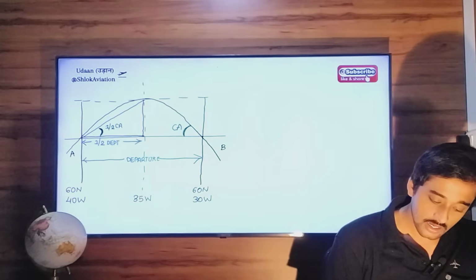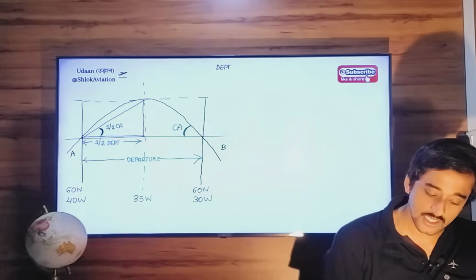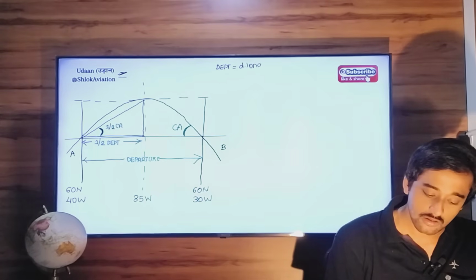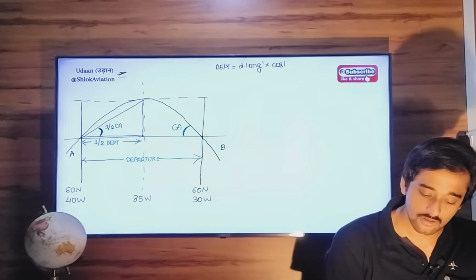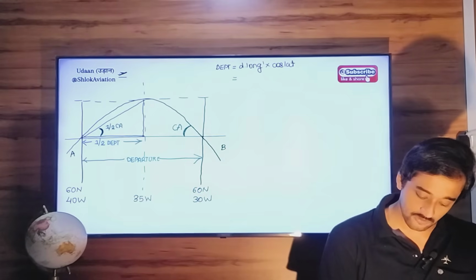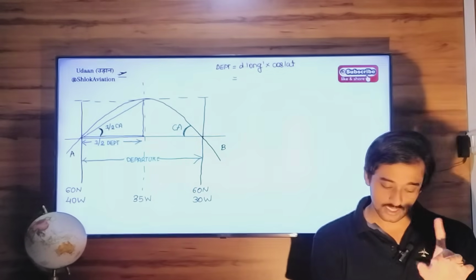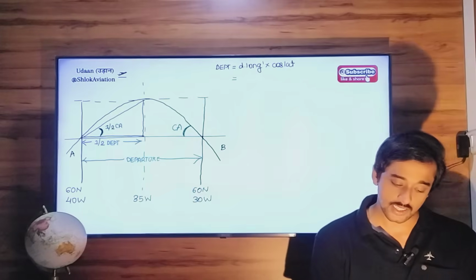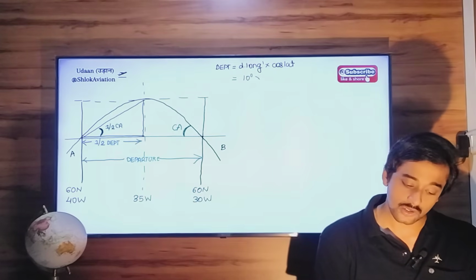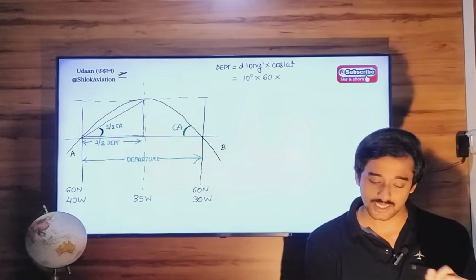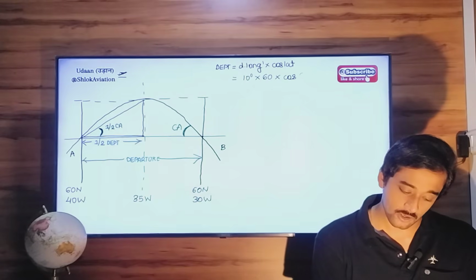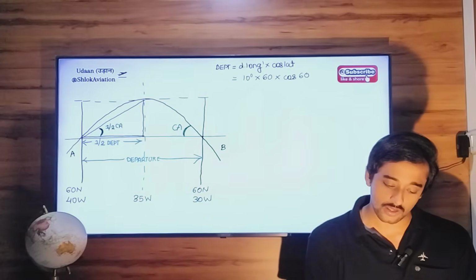So departure, your line distance is d long into cos of lat. So d long in terms of minutes, 40 west, 30 west. Okay, 40 west, 30 west is 10 degrees into 60, convert that into minutes, into cos of latitude. Both are at the same latitude, 60 north.